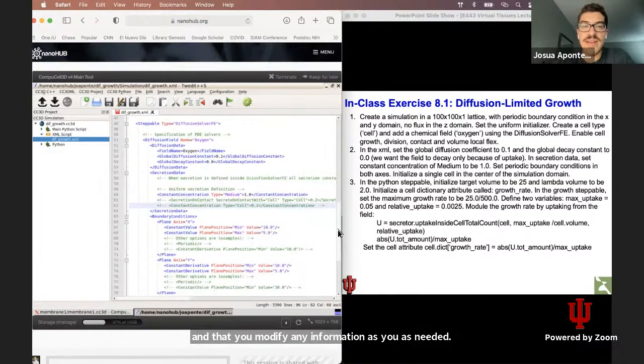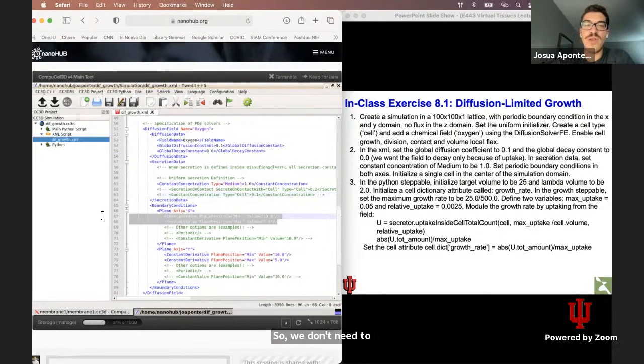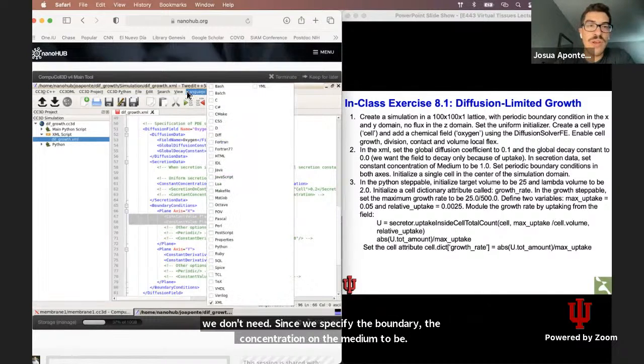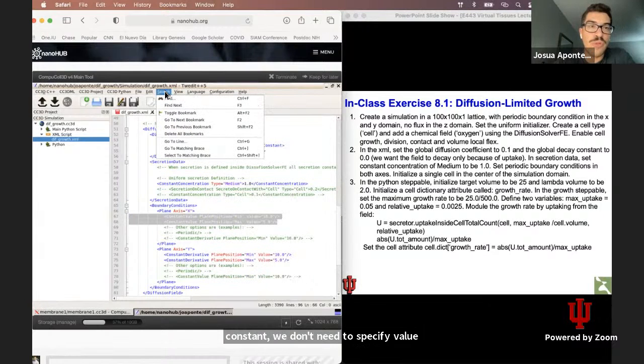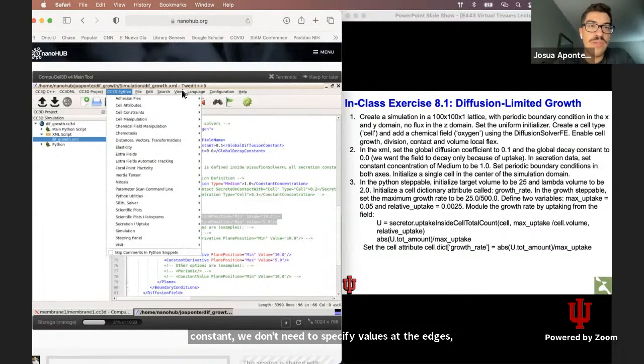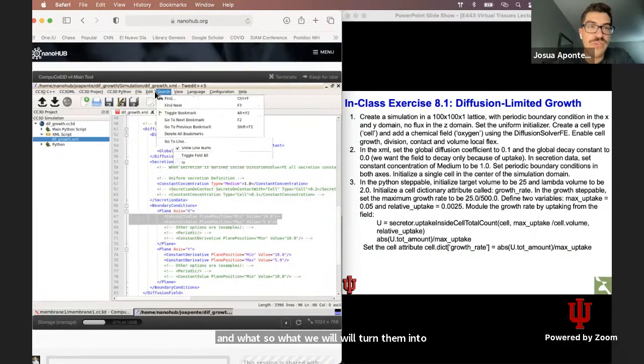So since we specified the concentration in the medium to be constant, we don't need to specify values at the edges. And so we will turn them into periodic boundary conditions.